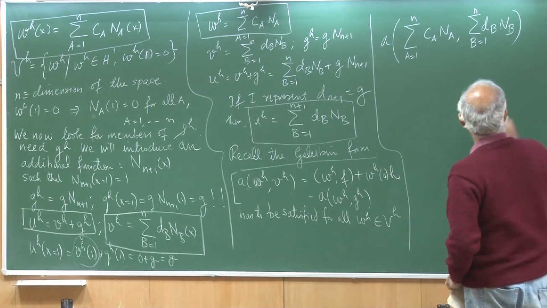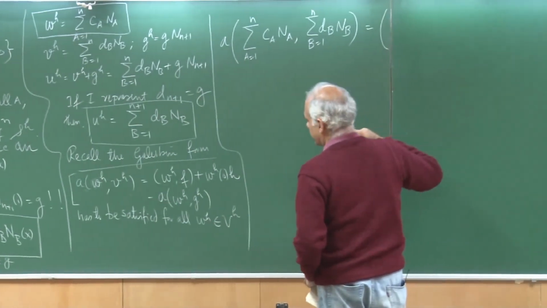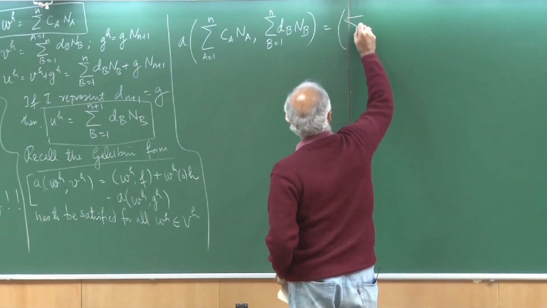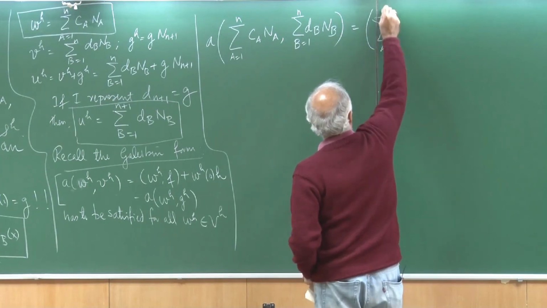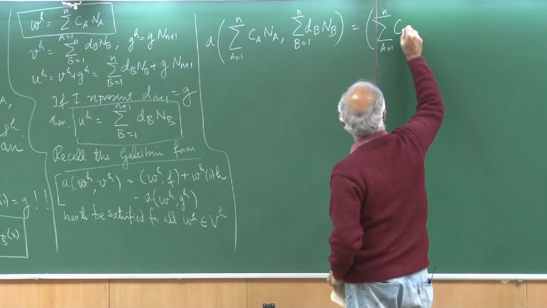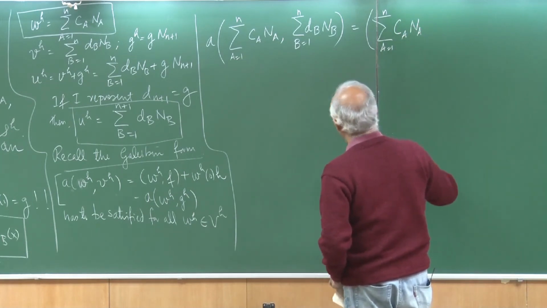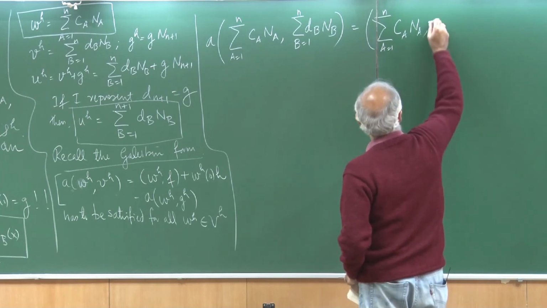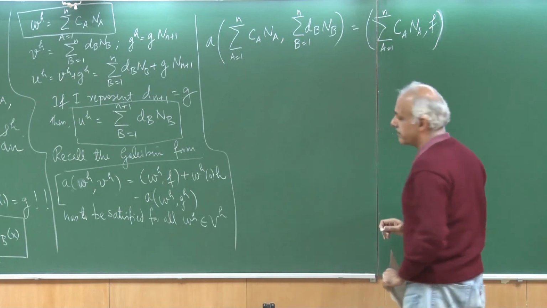The second term is going to be given as summation A goes from 1 to n, and for WH I would write CA and these NAs, comma my F. So let me put the big bracket. Right.